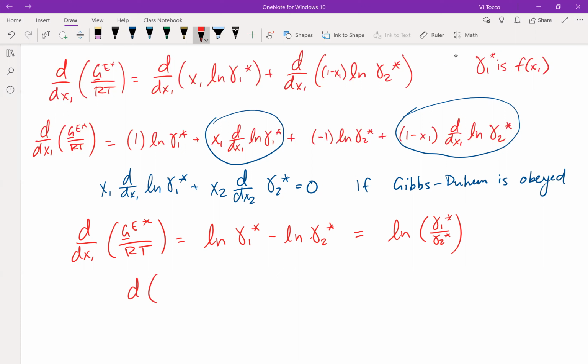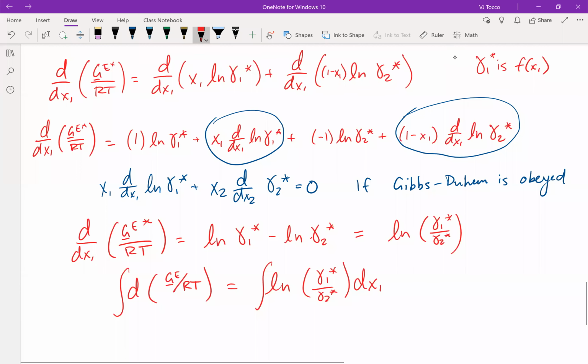So d(GE/RT) equals ln gamma 1 star divided by gamma 2 star dx1. Integrate both sides. I'm integrating with respect to x1, from x1 equal to 0 to x1 equal to 1.